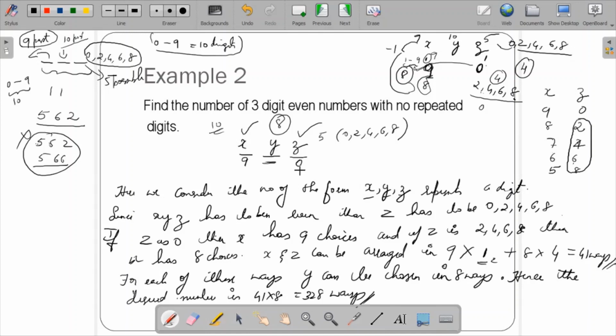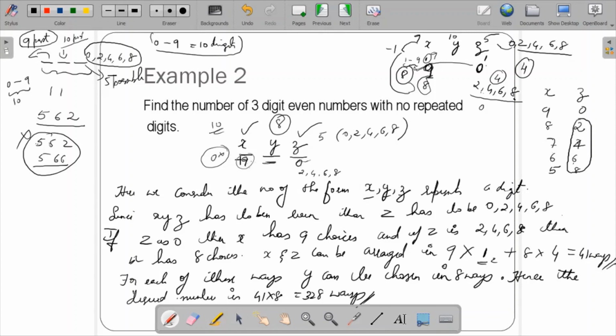So for the remaining choices, like 2, 4, 6, 8, here X cannot be 0. This position is already occupied because 0 is over here. So 9 possible ways were there, because 0 is here, no repetition. Now, out of this 9, 0 is gone.